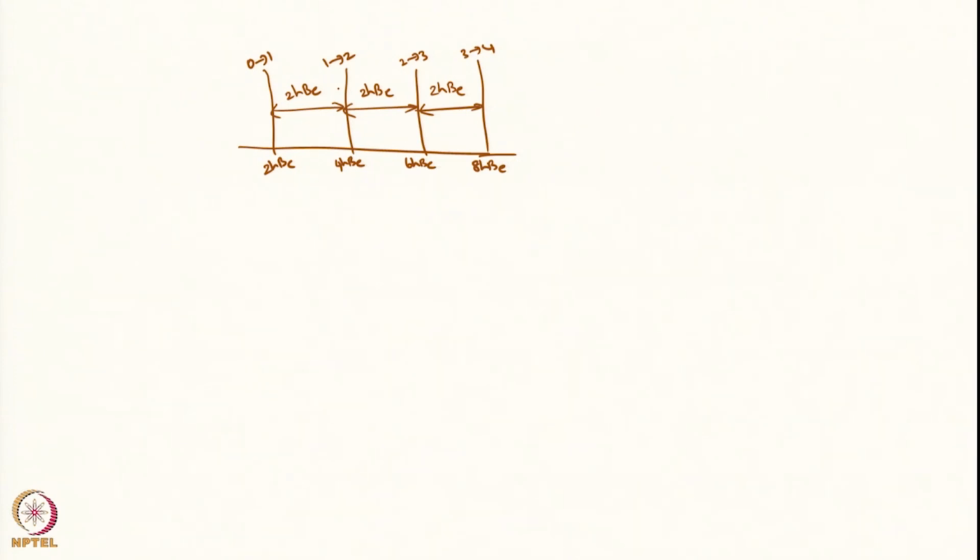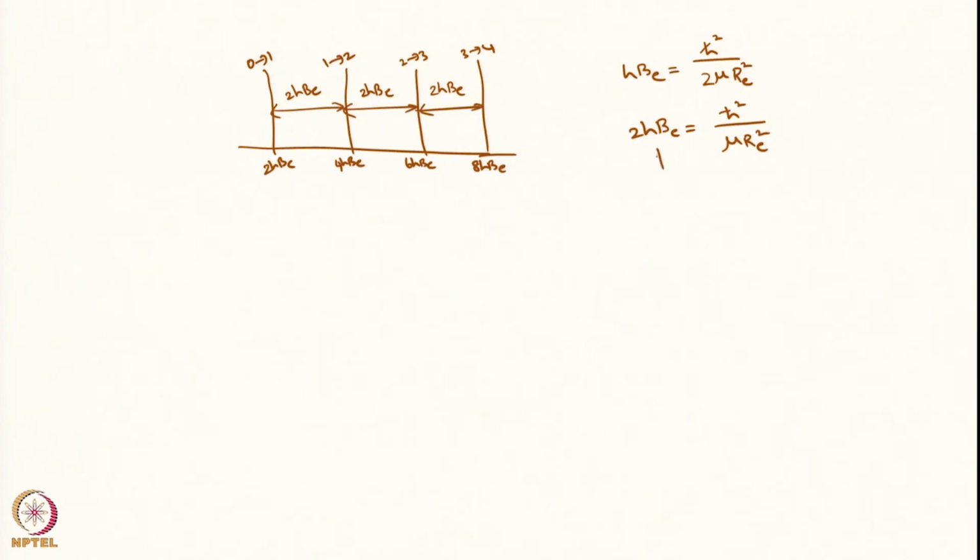J is equal to 0 to J is equal to 1, J is equal to 1 to J is equal to 2, etc. We know that HBE is nothing but h bar square by 2 mu RE square. When I multiply 2 HBE, this will come out to be h bar square by mu RE square.